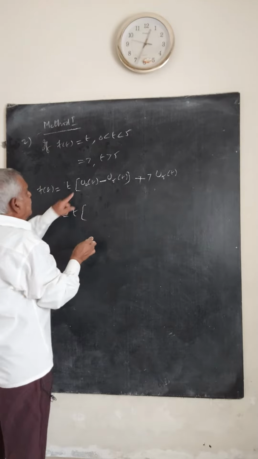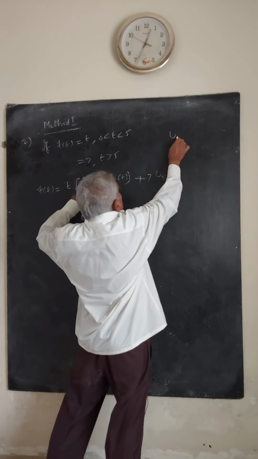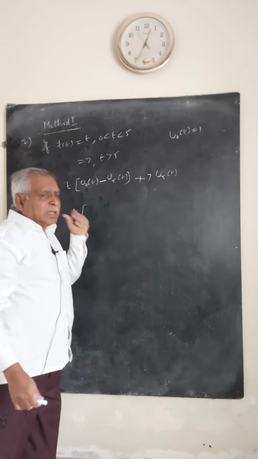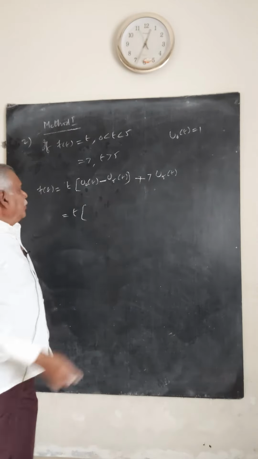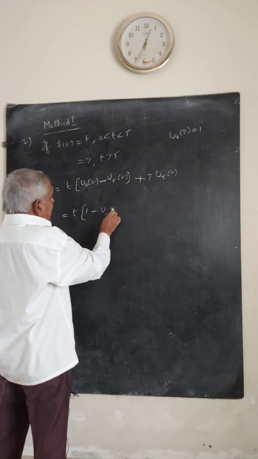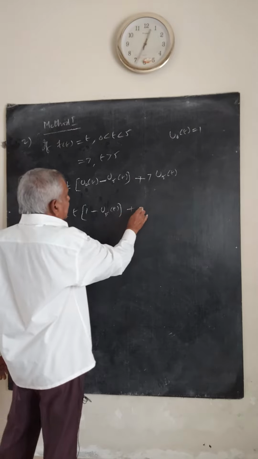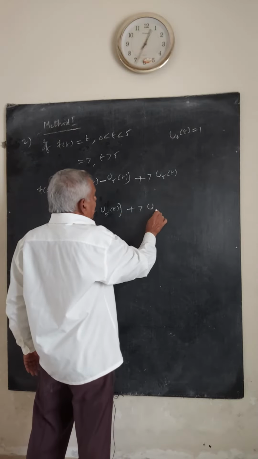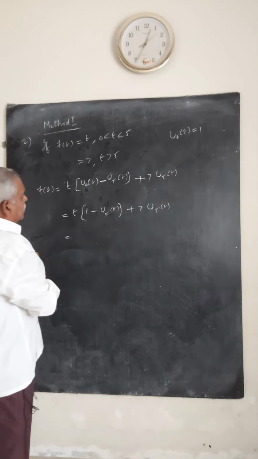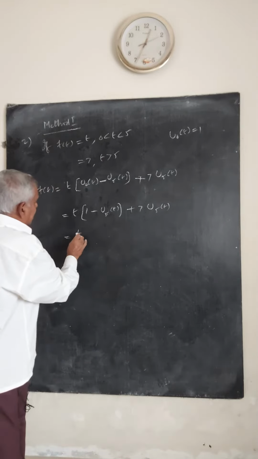u of 0 t, we already know, is 1. Initially we have seen in the first proof: t into 1 minus u of 5 of t plus 7 u of 5 of t.